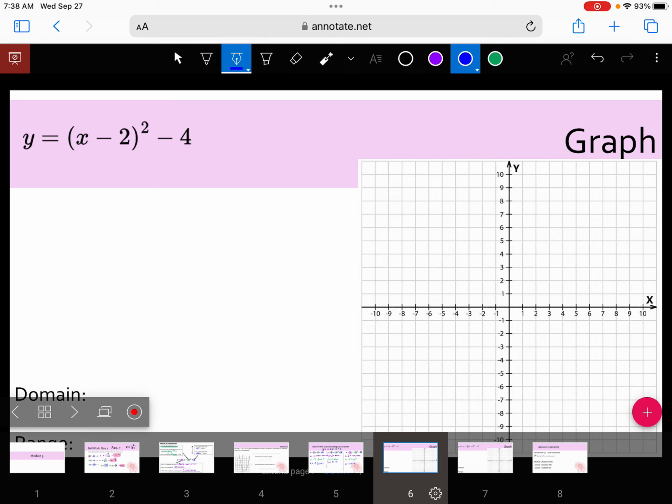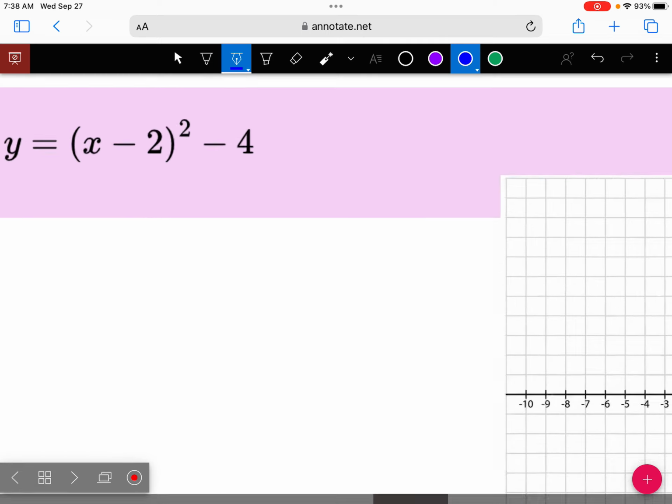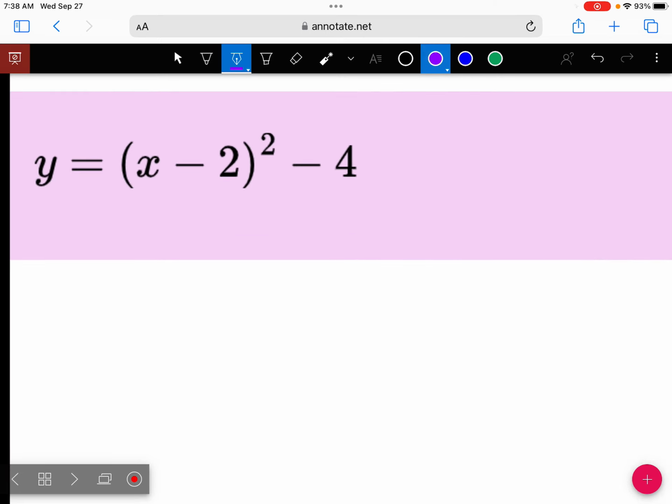And our first step when we're graphing these from our vertex form is to find our A, H, and K, just like we just did. So we are going to find A, H, and K for this equation here. What is my A value?